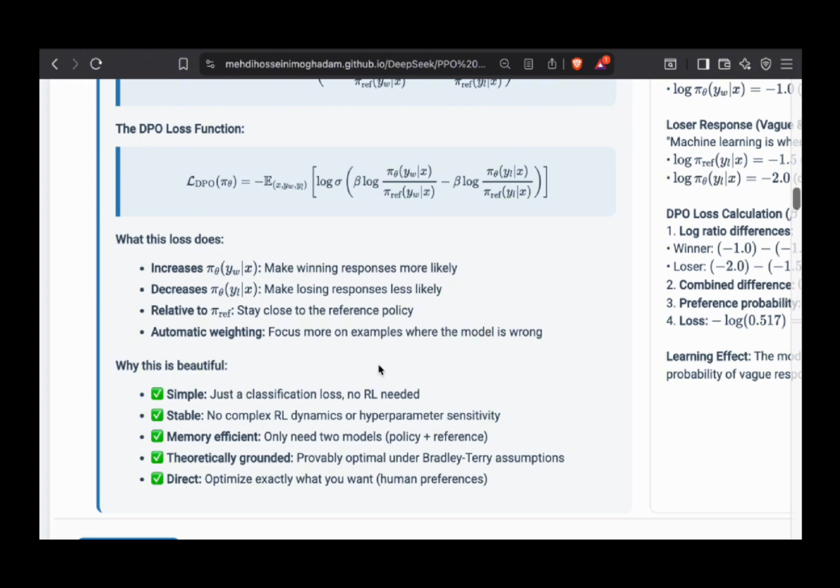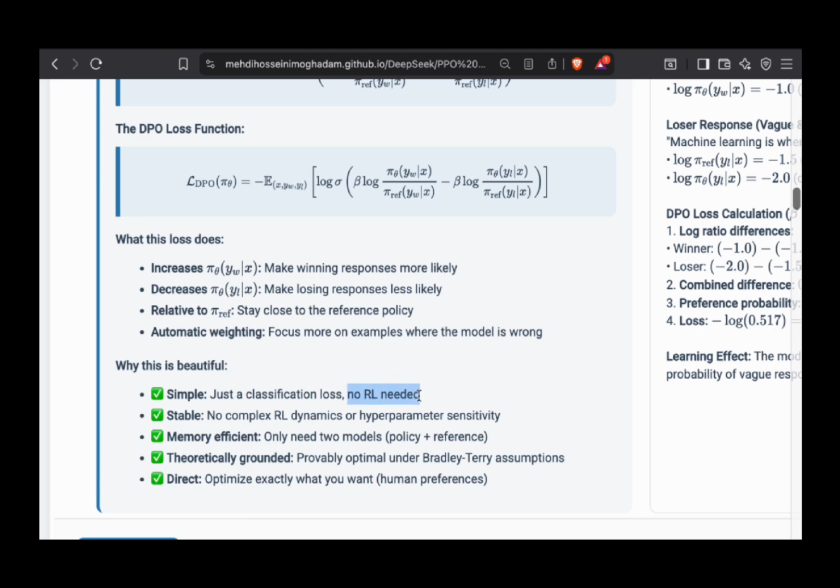And why is it beautiful or useful? It's simple, because it's just a classification loss. There is no need to calculate any kind of value function, which we had previously from RL. There is no need for RL, which is perfect.